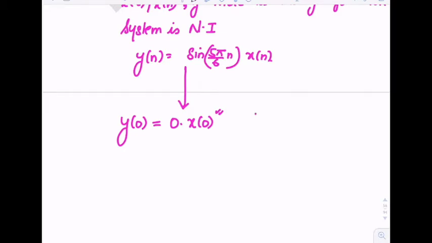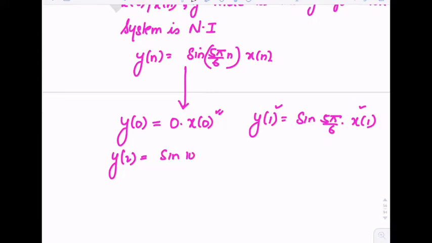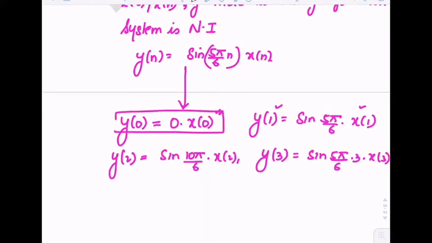Okay, y[1] is equal to sin(5π/6) times x[1]. So y[1] has the information of x[1]. Similarly, y[2] will have the information of x[2], that is sin(10π/6) times x[2]. y[3] will have the information of x[3]. Okay, but y[0] is equal to 0.